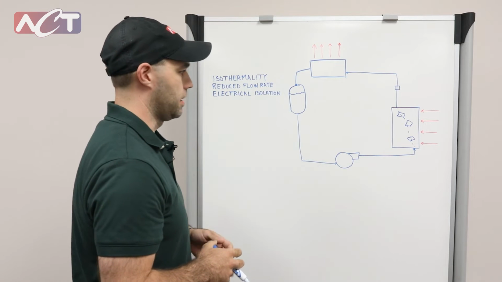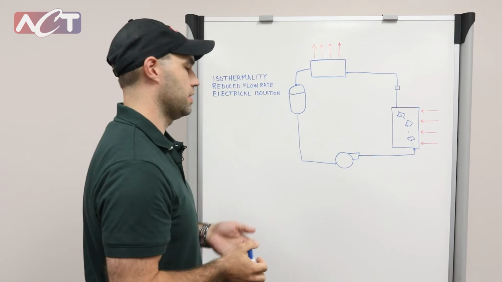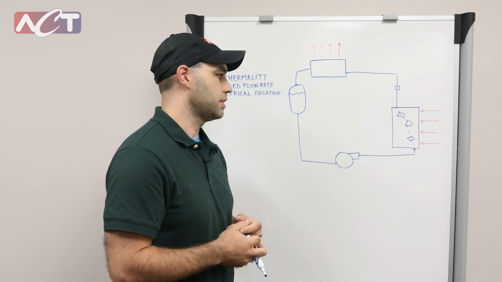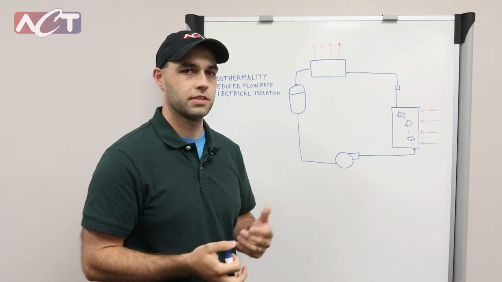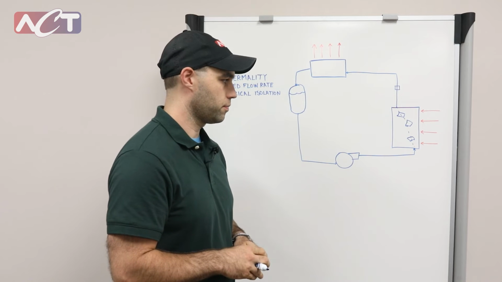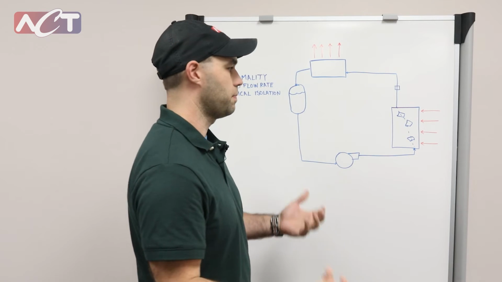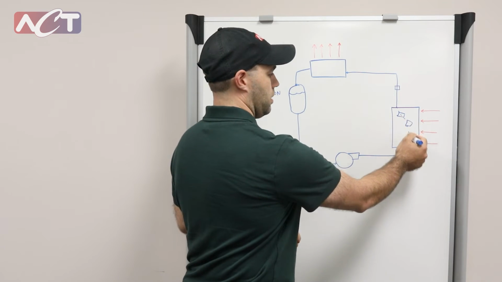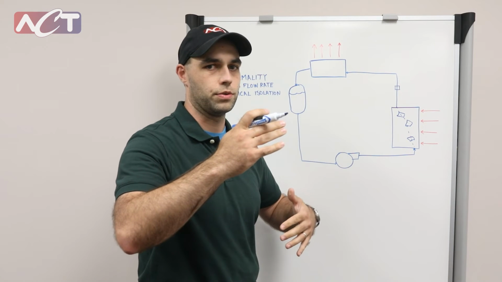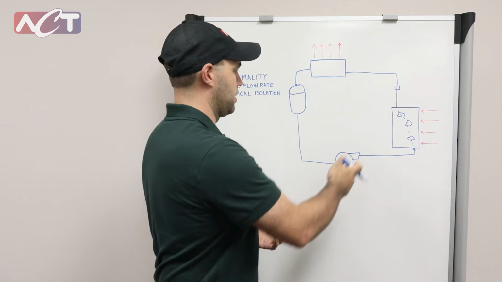And lastly, in some applications, this is an important one, is electrical isolation. The coolants that we typically use for pump two-phase are dielectrics, which means that they're not conducting electricity. So if you have especially some sort of power electronics, if these devices are power electronics, sometimes they can be running at a much higher voltage than the rest of the system.